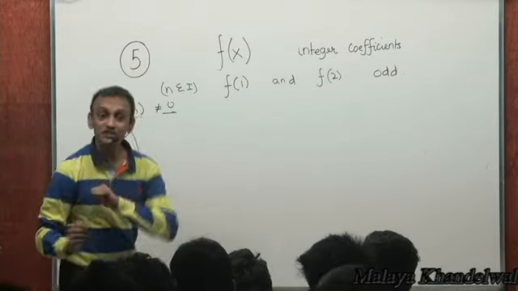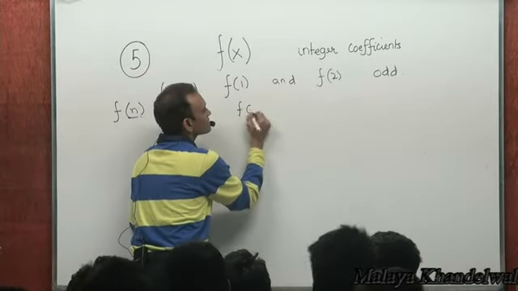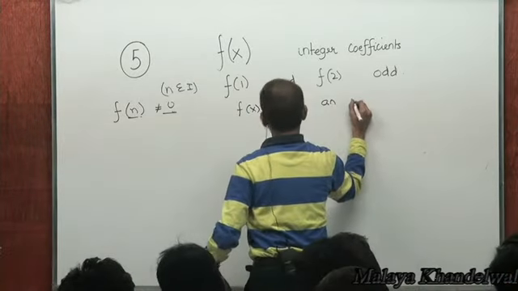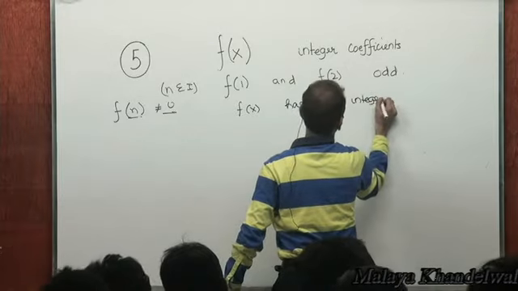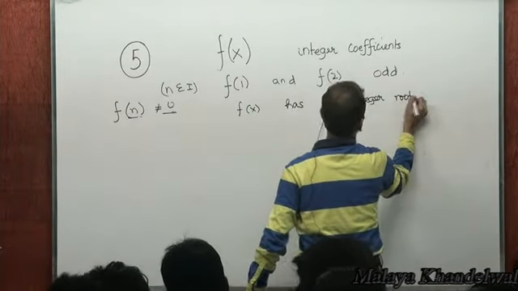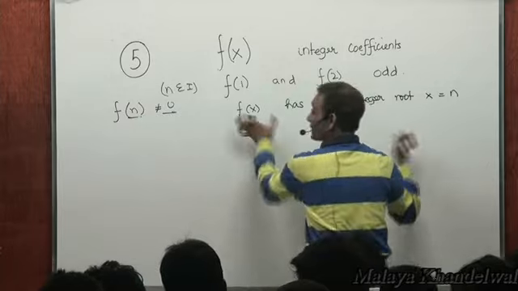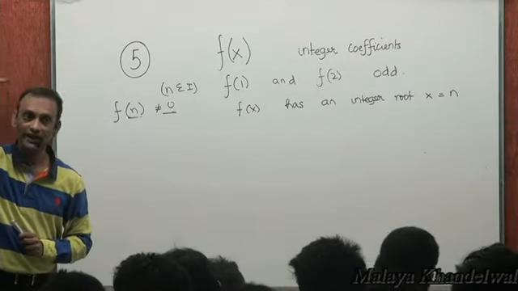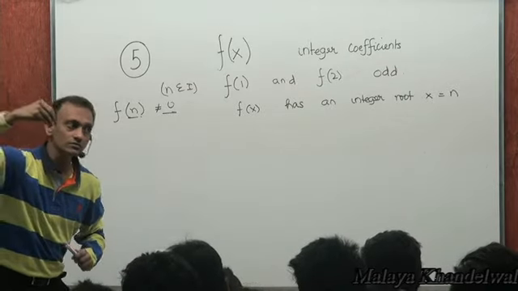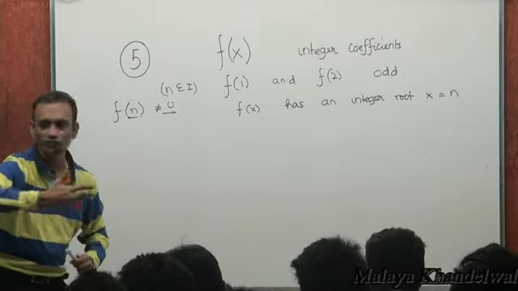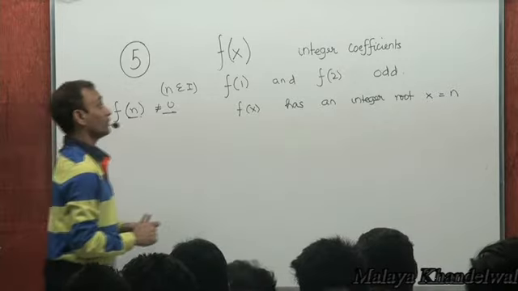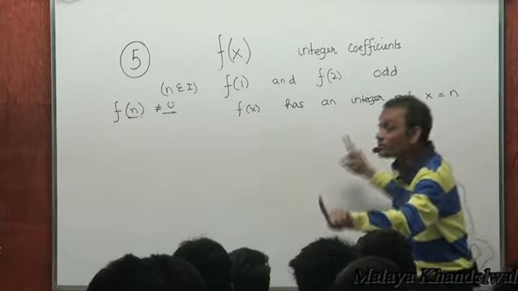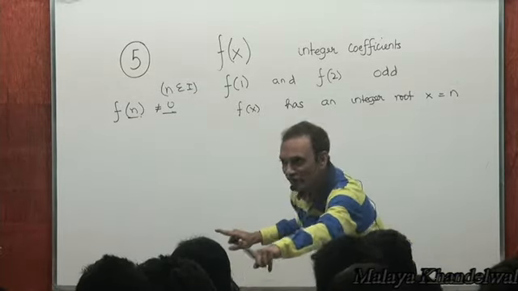Let's assume that f(x) has an integer root, x equal to n. That means f(x) becomes 0 at x equal to n. If f(x) is becoming 0 at x equal to n, then x minus n must be a factor of f(x), yes or no?